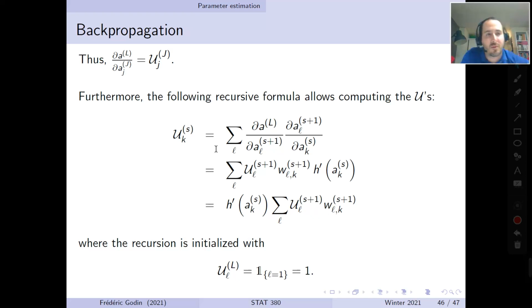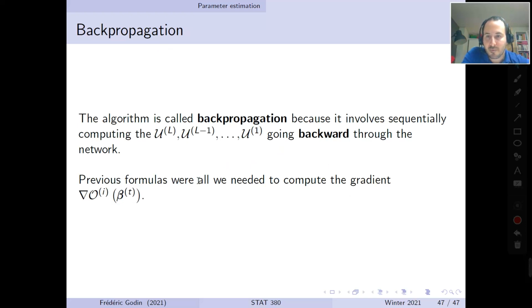So you go backward through the network to obtain these derivatives and compute ultimately the gradient of your neural network. And yes, right now it might be a bit hard to see if you've just listened through it passively, but at home, please take your time to review the previous formulas, and this will allow you to see that each of the blocks of the gradient, or the components of the gradient of O_i with respect to observation i, were provided, or a recipe to compute them was provided, in what we did today.